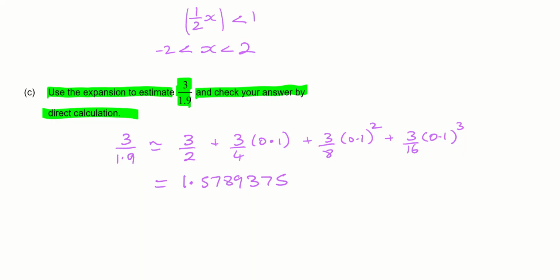Okay, and then let's do the 3 divided by 1.9 by direct calculation. That gives me 1.578947368. So the first discrepancy here is in the 5th decimal place. If we'd used more terms of the expansion, we'd have got a better approximation.